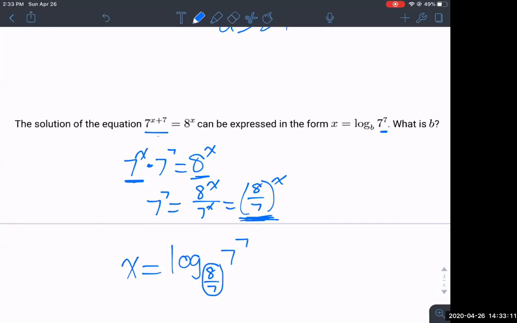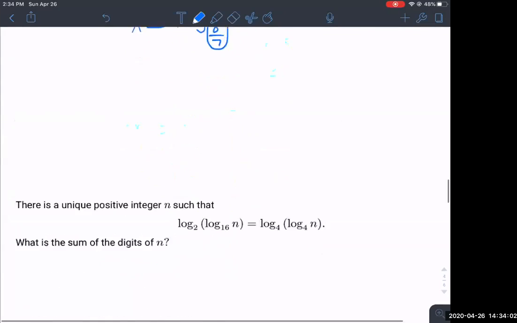So that's our value of b. Okay, now let's try this one.